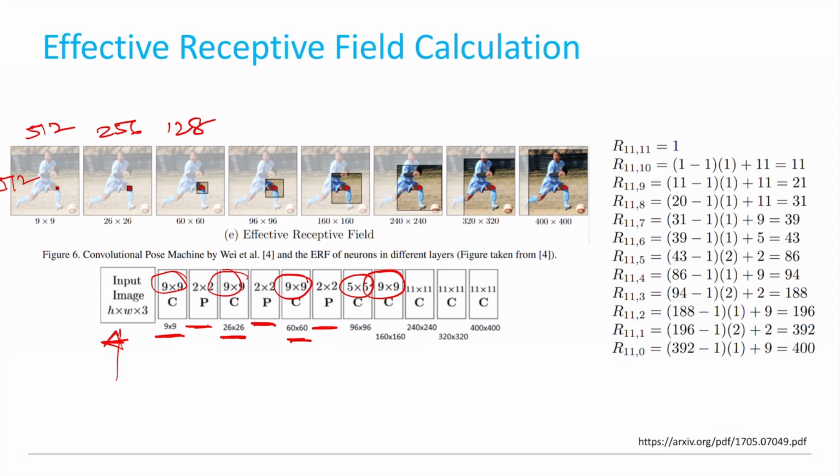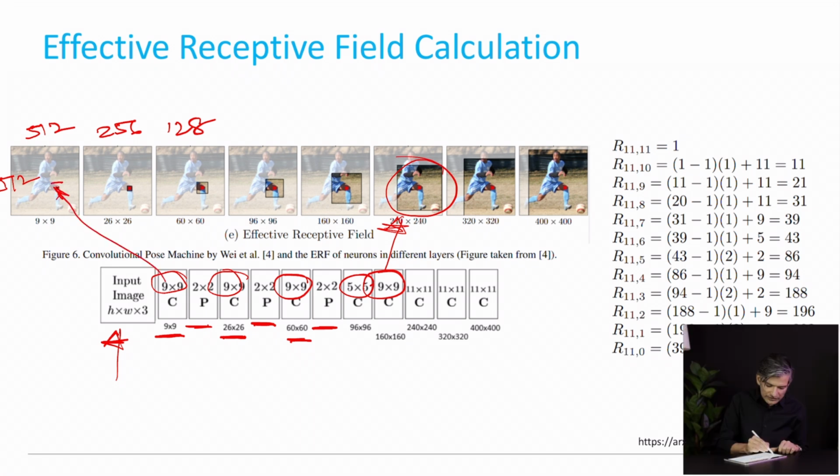So what I'm trying to explain is that with just this 9 cross 9, this layer here gets to see this much of the image, but this 9 cross 9 here only gets to see this small patch. And this is the only message I want you to understand when we talk about receptive field. The size of the kernel doesn't change. The size of the kernel is still 9 cross 9.